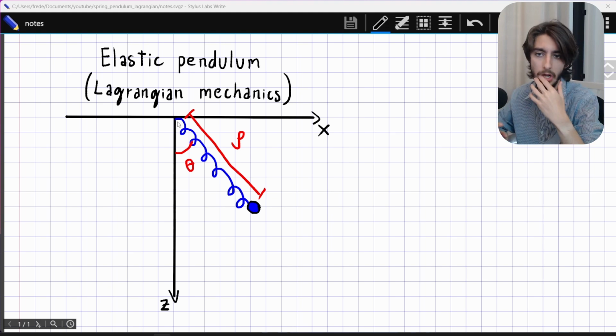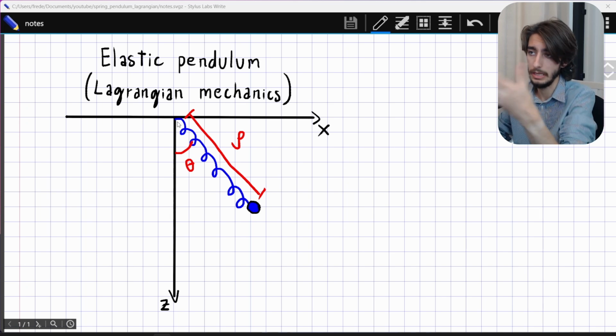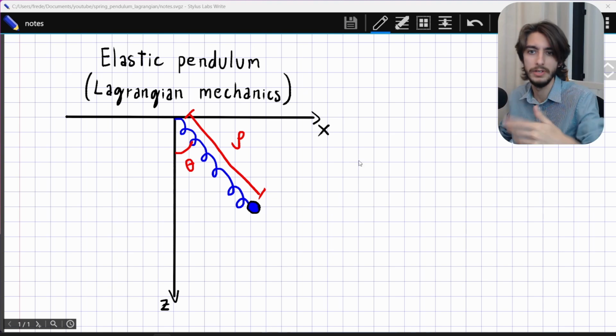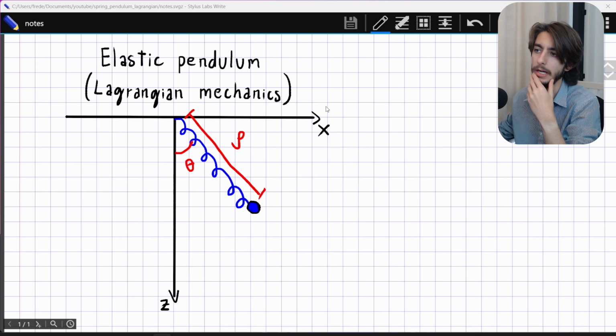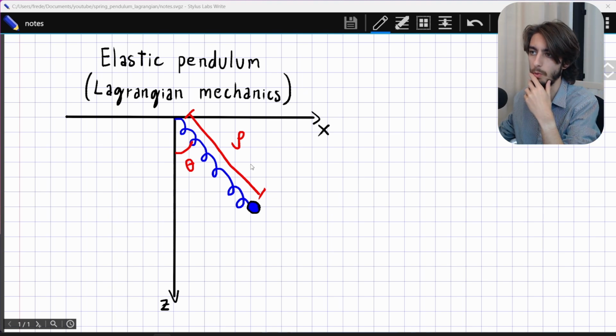You can choose both ways; you're just going to get a minus sign at the end. But in situations like this, I like to choose the z-axis pointing downward, because the ball is never going to go up anyway, unless we start it there and let it fall. So I'm just putting this here so that we get only positive values of z.